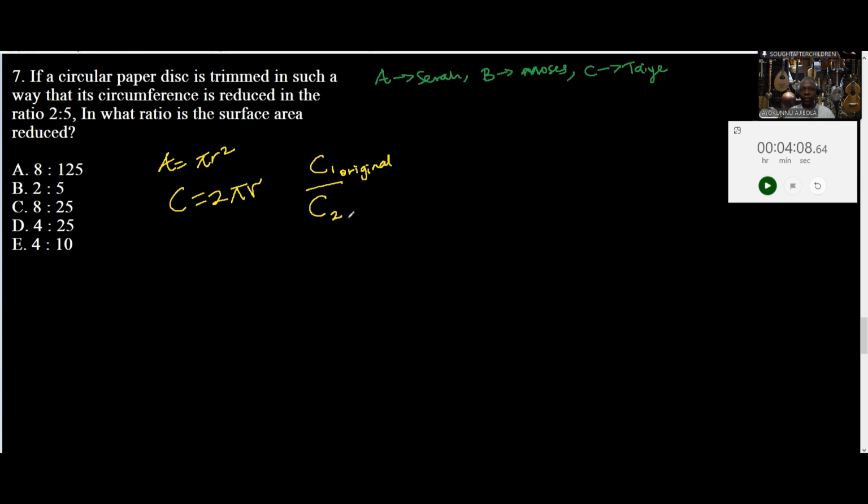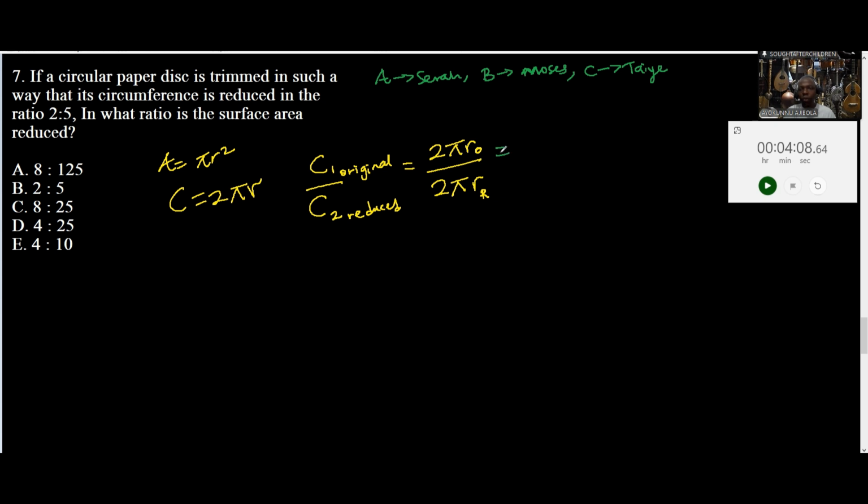Original circumference, then reduced circumference. So 2 pi r original over 2 pi r reduced, okay?